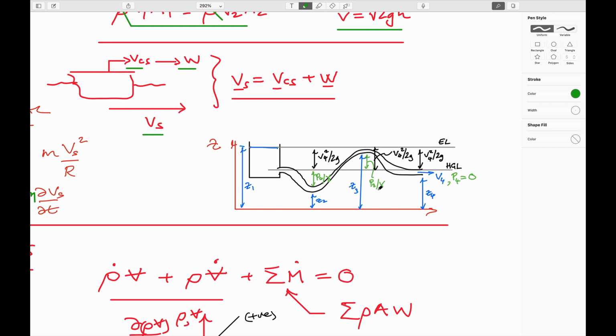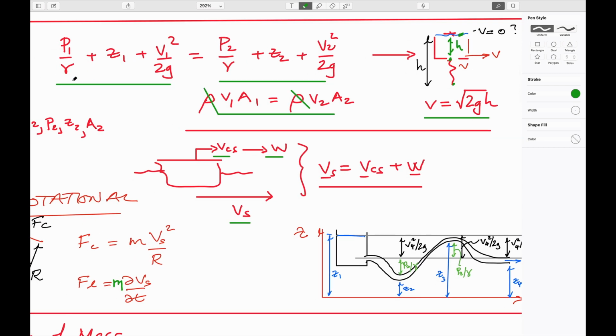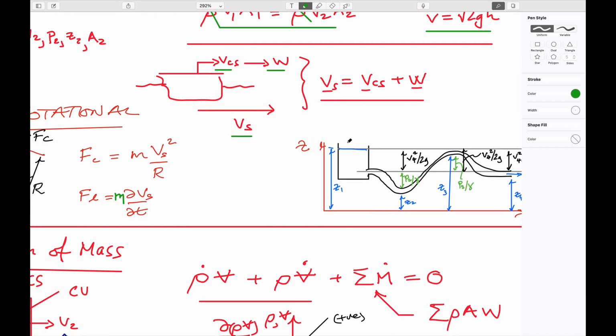And it's useful to view things in this form because it shows us exactly that if we think of Bernoulli as the sum of 3 individual components, pressure head, elevation head, and velocity head, we can define these for different locations. So at this point here, clearly, atmospheric pressure, the big tank assumption is that velocity is 0, so all of the energy that's stored in this fluid has to be due to the elevation head.